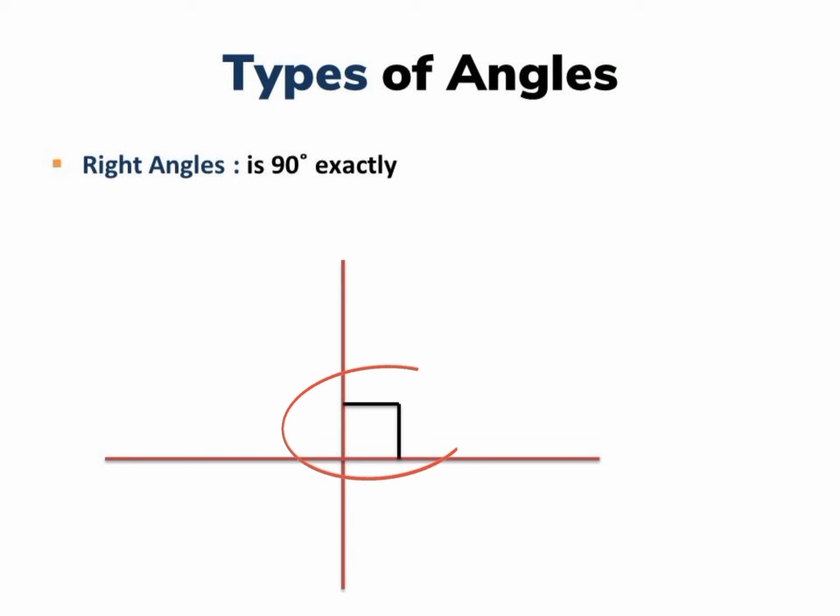We use a little square instead of the R that we use for the other angles. So, whenever you see this symbol, you know the angle you are looking at is a right angle, and that the lines that form it are perpendicular.